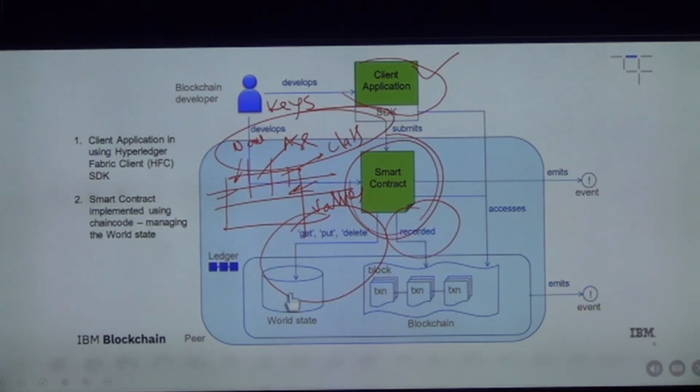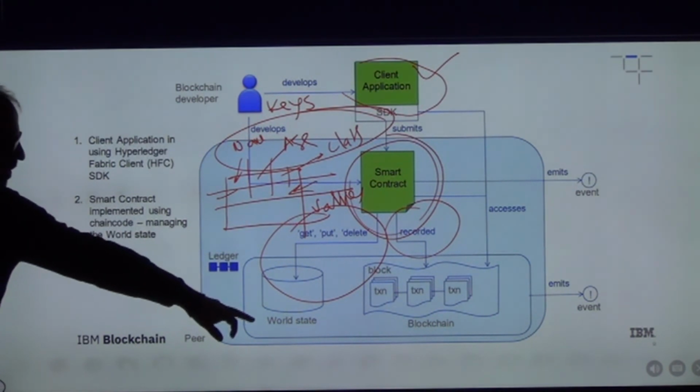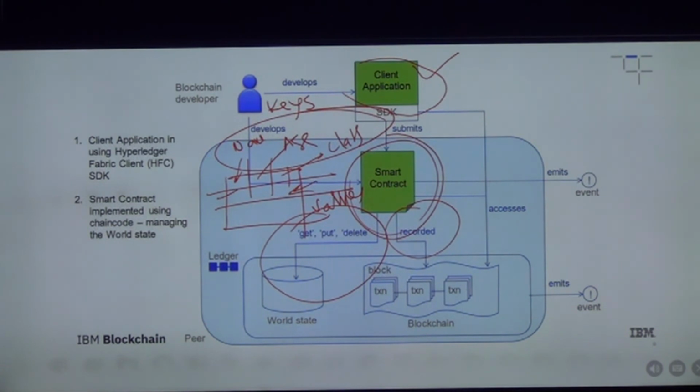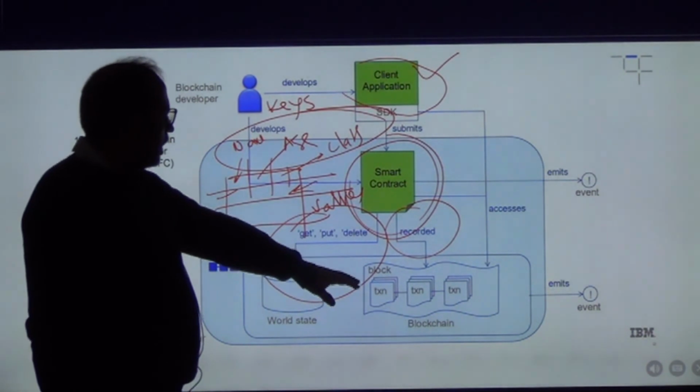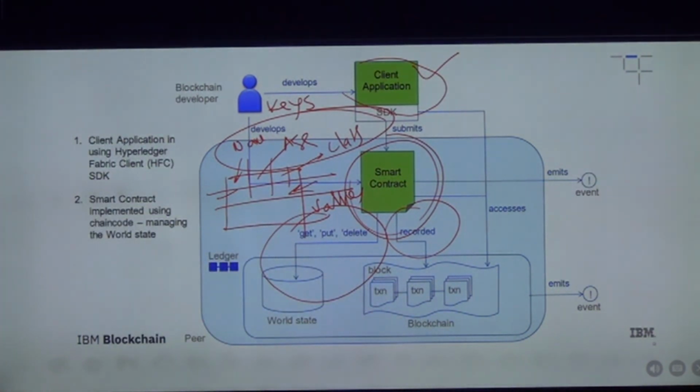वर्ल्ड स्टेट क्या, एक सिंपल आपका एक टेबल है, सीरियल नंबर 1 से लेके 50 लाख गाड़ियां हैं, वो एक टेबल है. उसके अंदर आप जाएंगे, रजिस्ट्रेशन नंबर डालेंगे तो वो आपको इनका रिकॉर्ड दे देगा. अब आपने अपडेट किया, रिकॉर्ड को वर्ल्ड स्टेट के अंदर डाल दिया. सो वेरी सिंपल कॉन्सेप्ट दैट वर्ल्ड स्टेट हैज द मोस्ट अपडेटेड स्टेट ऑफ एन एसेट which you are monitoring or you have it in your system, and whereas the block is a traditional blockchain recording every transaction, converting those transactions into a block, appending it in a block which nobody can change.